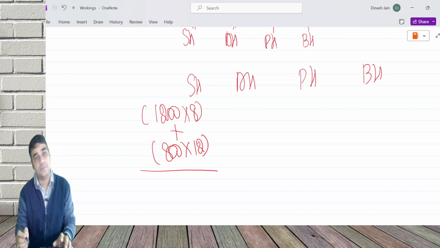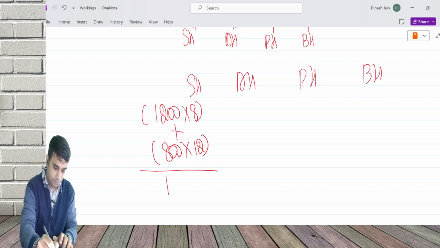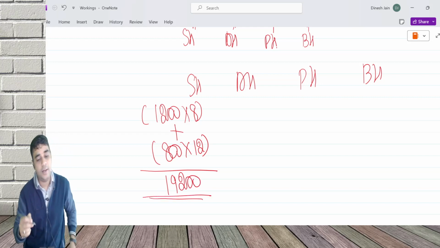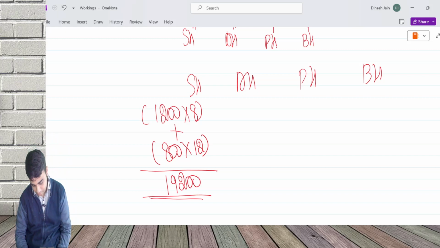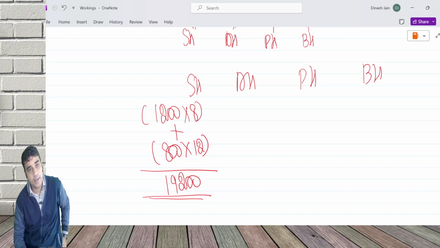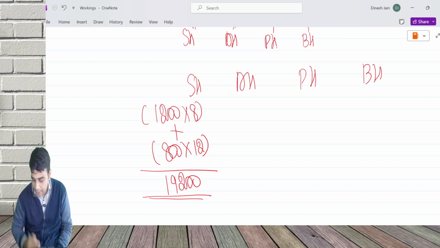Put together, 1200 into 8 plus 800 into 12. Any doubts on this?